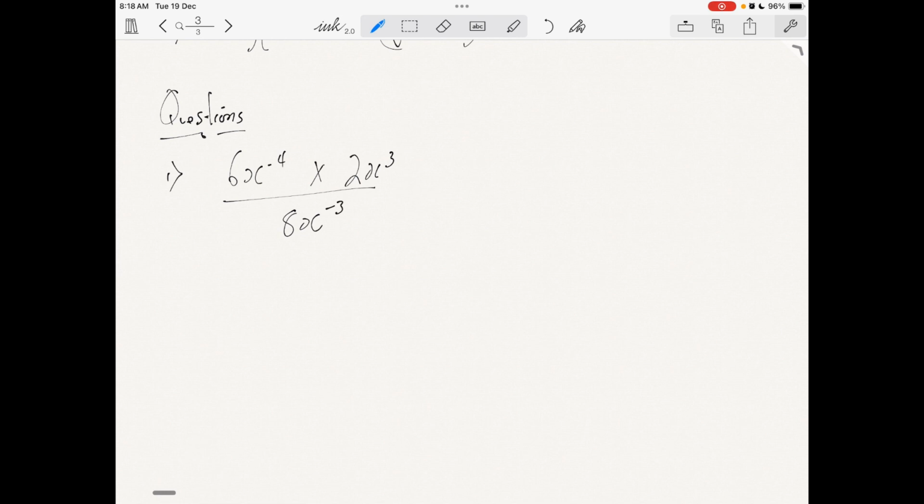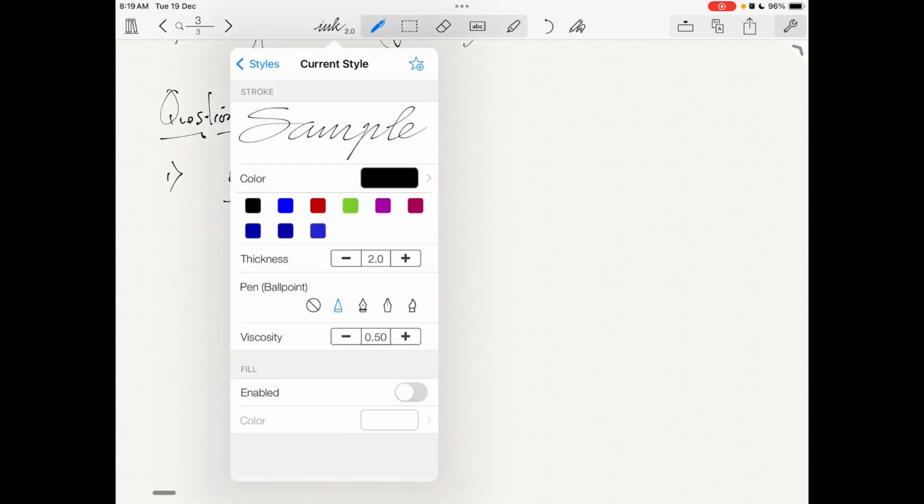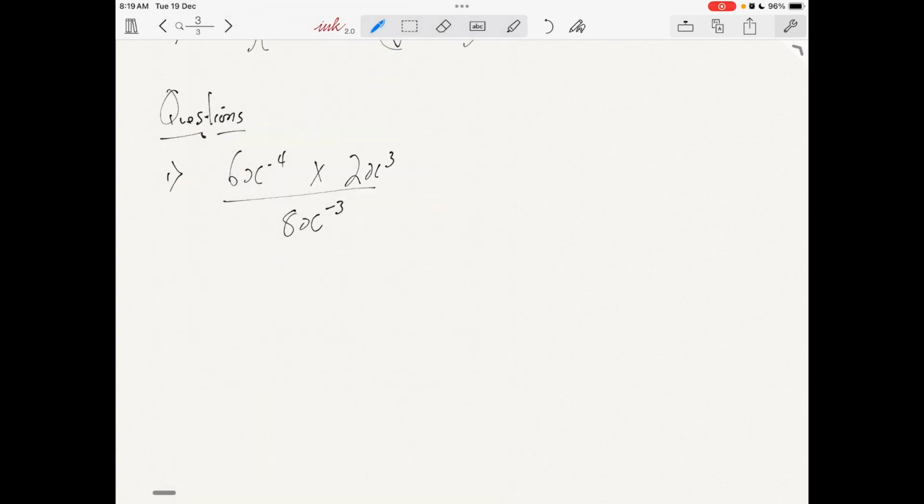Now, since this is mathematics, we can have different methods of solving this. So the first thing someone might want to do is bring all the coefficients together and separate other things. Bring all the coefficients together, that's the 6, the 2, the 8, right?